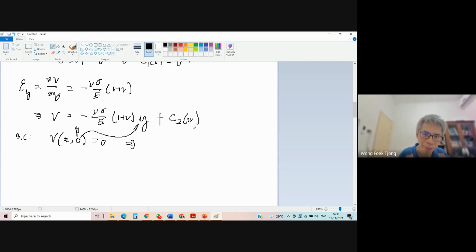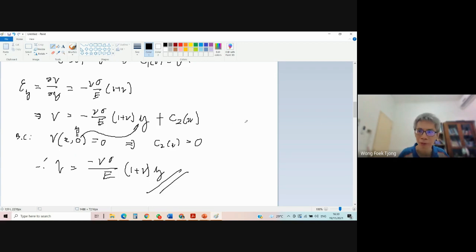The remaining variable C2x equals 0. So the conclusion is, we get the v already. Because this is 0, v is minus nu sigma over E times (1 plus nu) y. This is the answer for v.